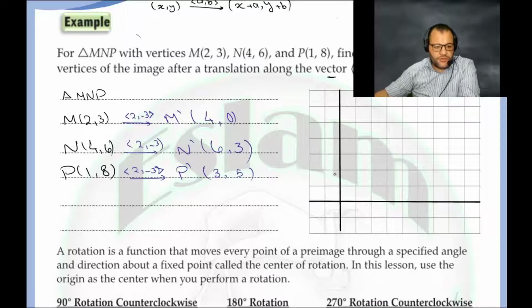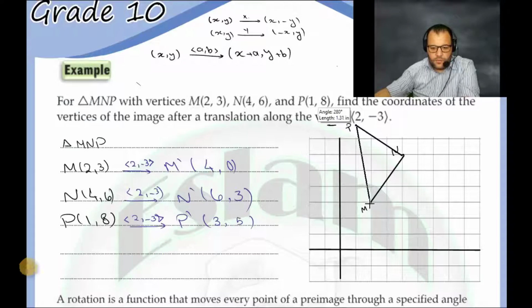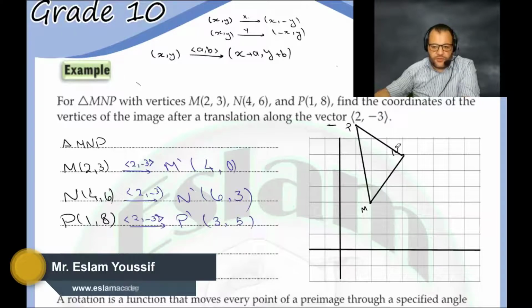Okay, so that's the first one. We have here (2, 3), that's M. N, which is (4, 6), and P is (1, 8). Stop. There's no 8 here, 8 would be here. So we can graph this one. What is the meaning of the transformation that we have now?